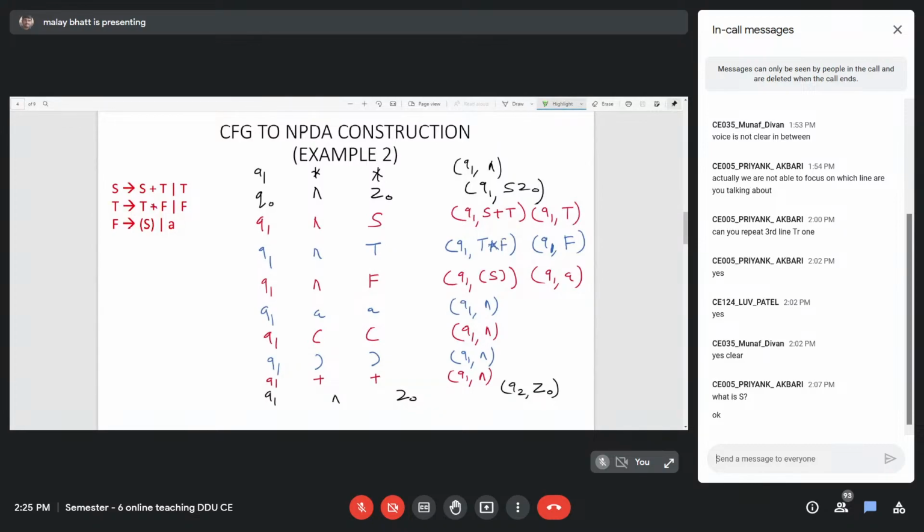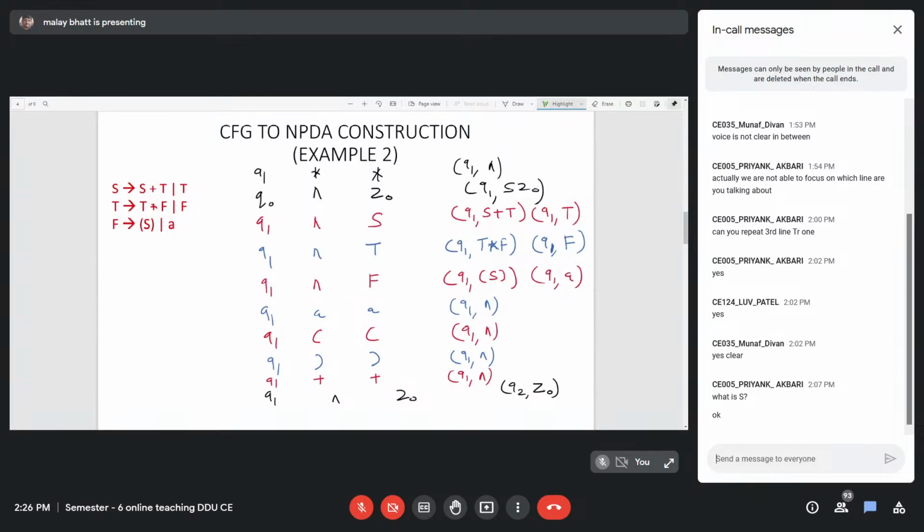So basically you can count how many rules will be there in the NPDA using this method. One for initialization, one for acceptance, three for non-terminals, and four for terminal symbols. So we have a total of 9 rules: 1, 2, 3, 4, 5, 6, 7, 8, 9.